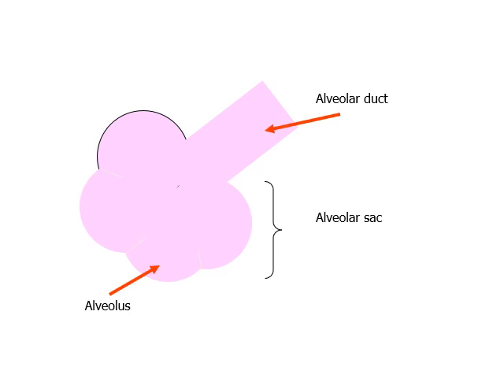Okay, so this semicircular sac-like thing is called an alveolus. Alveolus is the singular, alveoli is the plural. So several alveoli, all of which open into the alveolar duct, is called the alveolar sac.